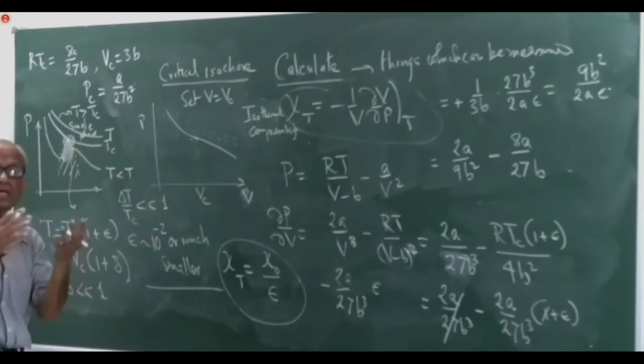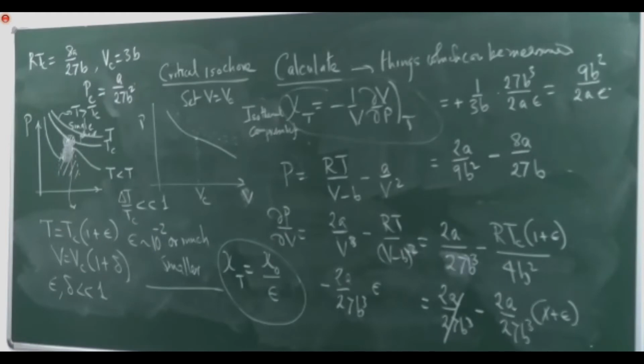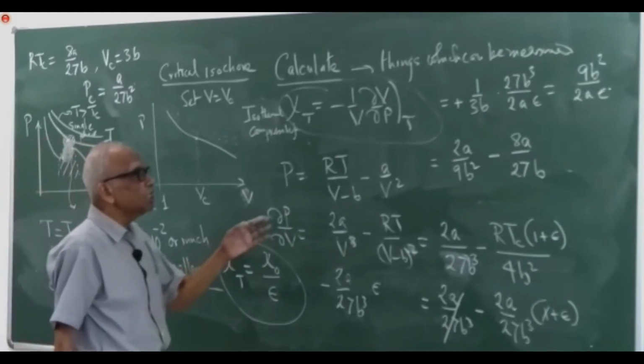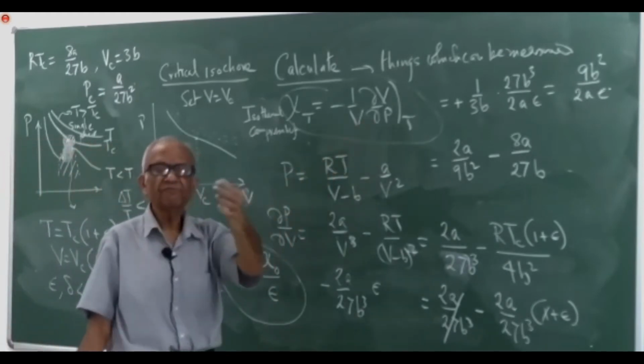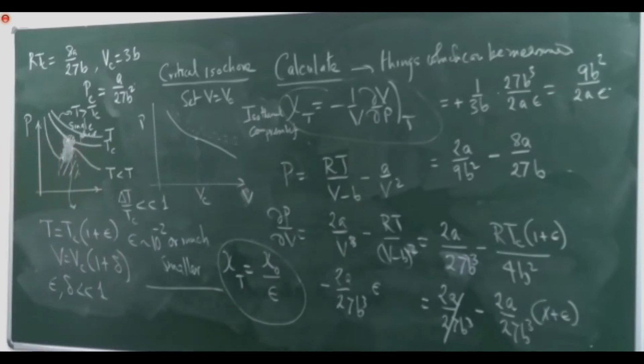So it is a huge response. You change the pressure ever so slightly and the volume changes a huge amount. This is because the system does not know whether it wants to be a liquid or a gas.